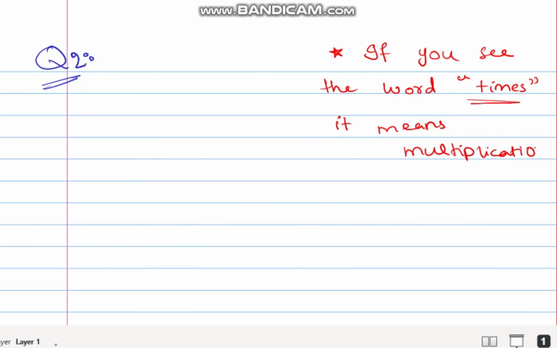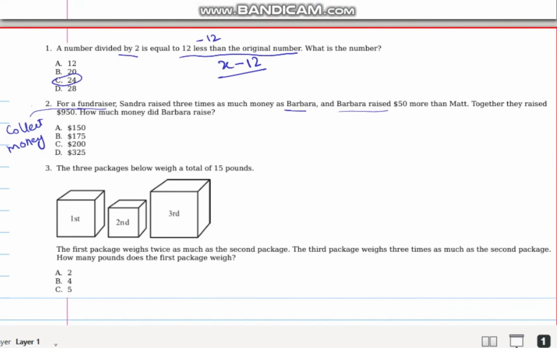You have to care about the wording of the question. It is very important to care about the wording. If you don't care about the wording, then your equation will be wrong, and therefore you will not get the desired answer. So please note these important points. Okay, now again read the question.